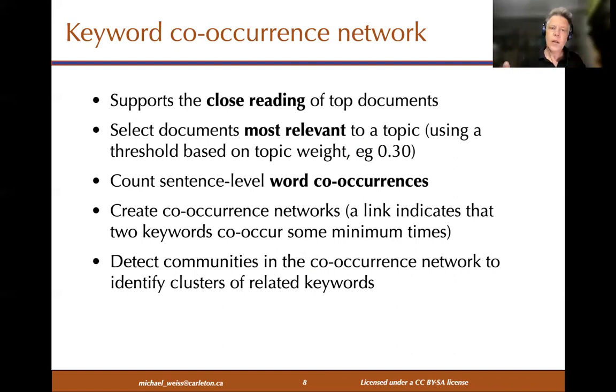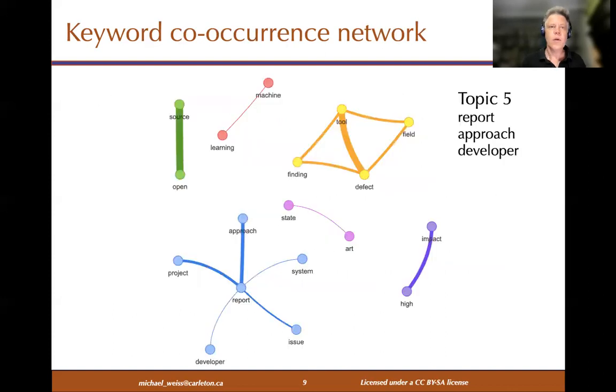And we then create a network where a link indicates that 2 keywords appear in the same context. We can also use community detection on this network to identify clusters of related keywords. So here then is an example of the keyword co-occurrence network for our topic 5.